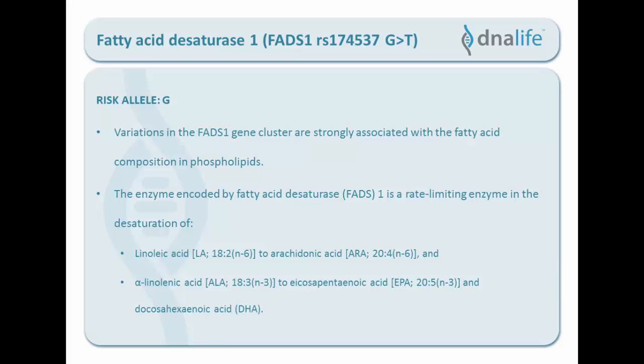acids. And so with the G allele, we find that there is an association with an increased or enhanced conversion to your arachidonic acid due to increased enzymatic efficiency of this pathway and of this enzyme. And thus there appear to be high levels of your arachidonic acid, which, as you would know, is a pro-inflammatory fatty acid.